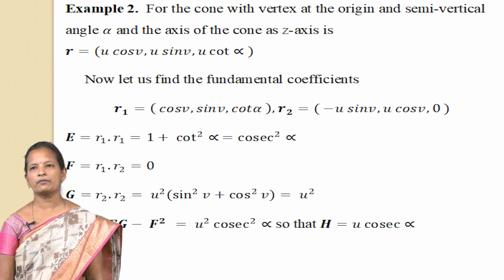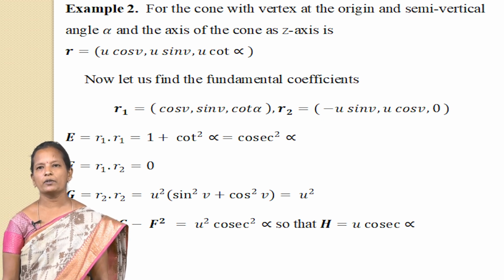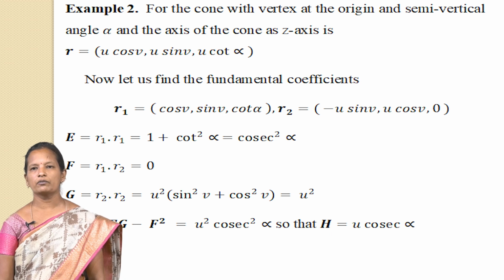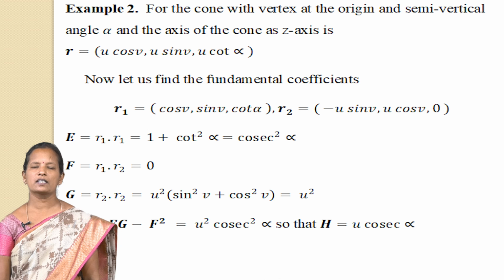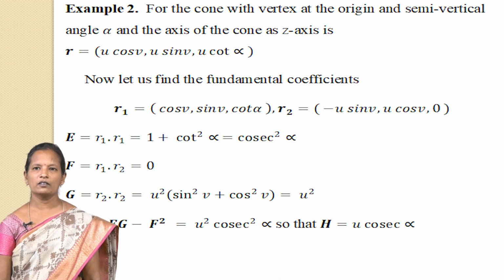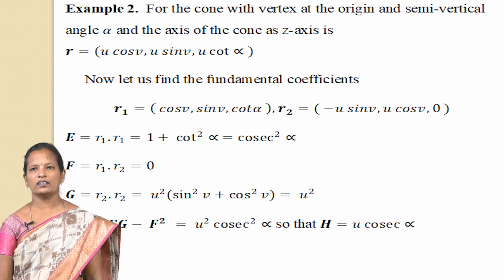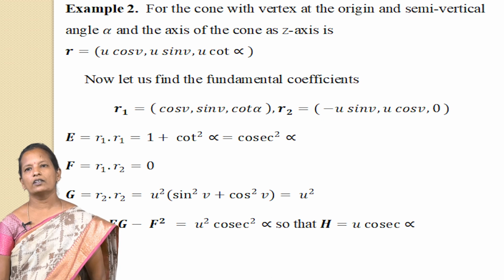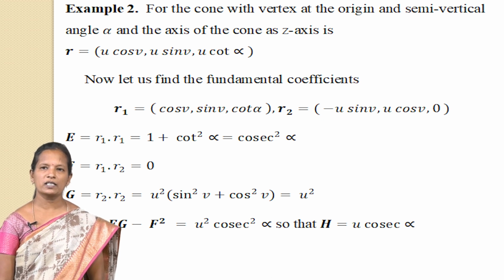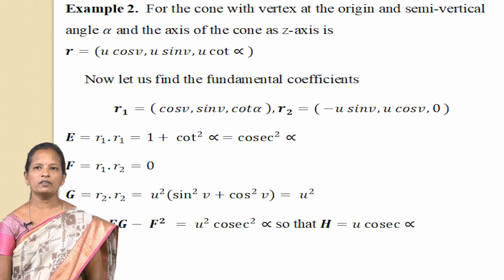Now let us find the fundamental coefficients. What do we mean by fundamental coefficients? Yes, very good: E, F, G, H squared, H are the fundamental coefficients. Now, how do we find R1 and R2?